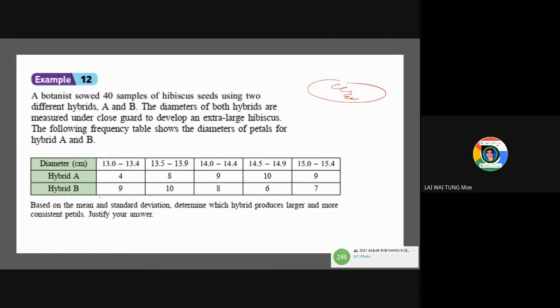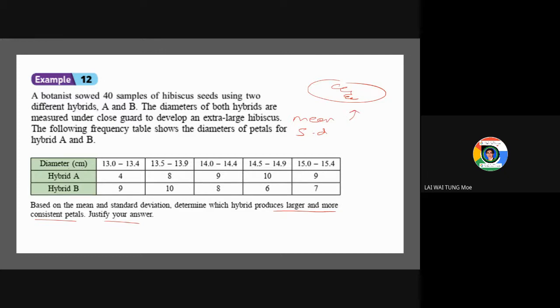And based on the mean and standard deviation, determine which hybrid produces larger and more consistent petals. Justify your answer. So normally when we want to compare two sets of data, we will use the mean and also the standard deviation. For the mean, it depends on the question.